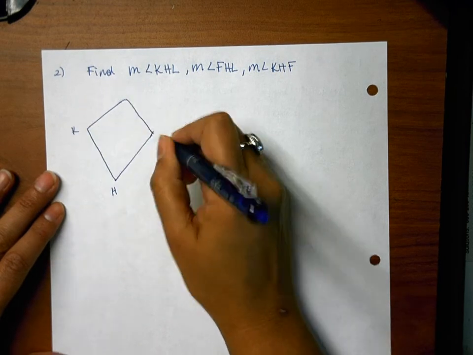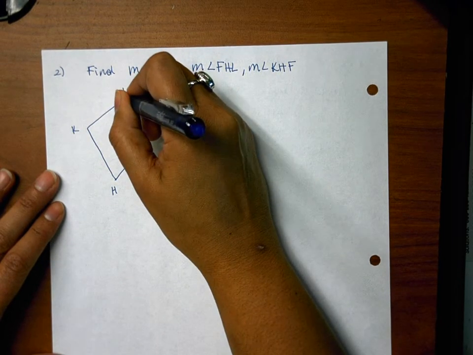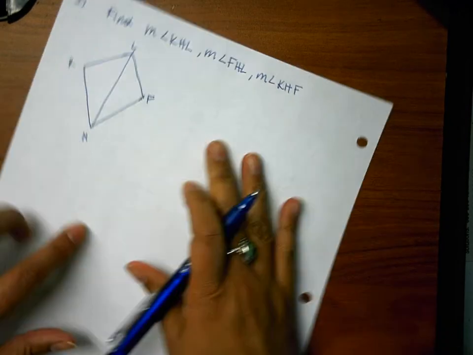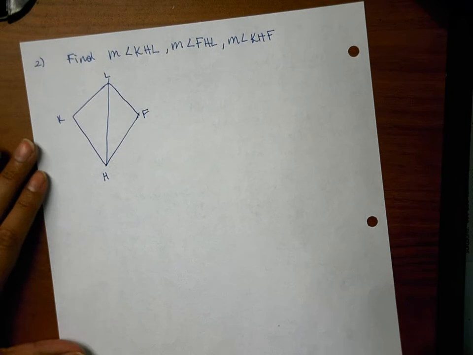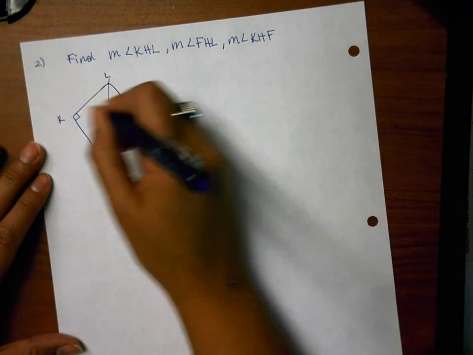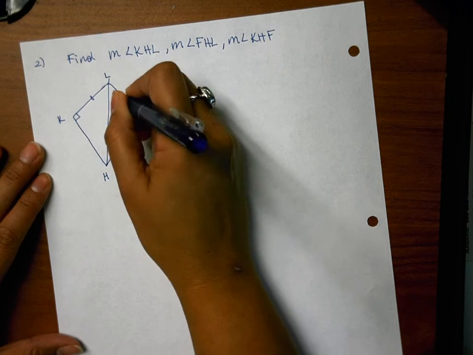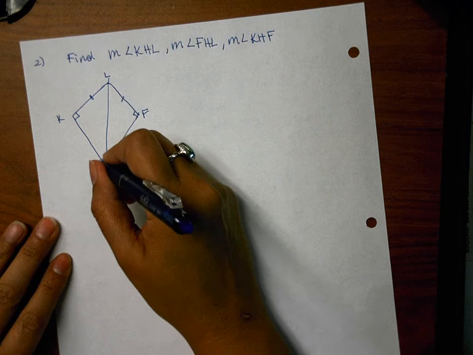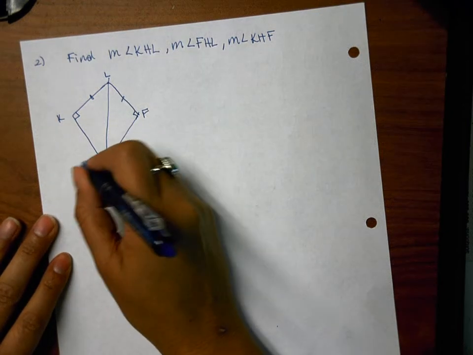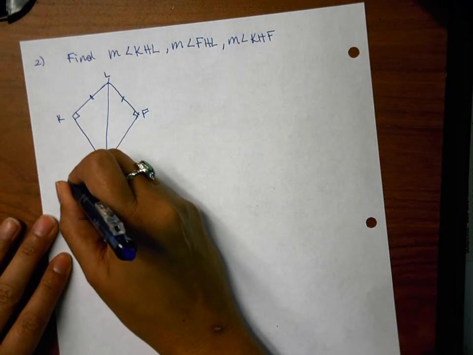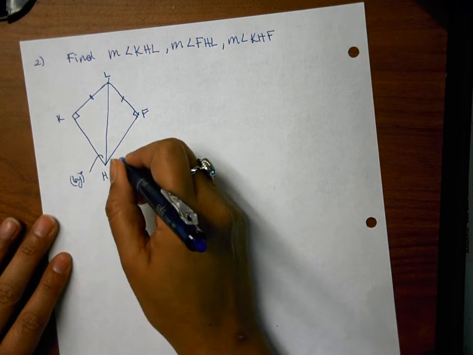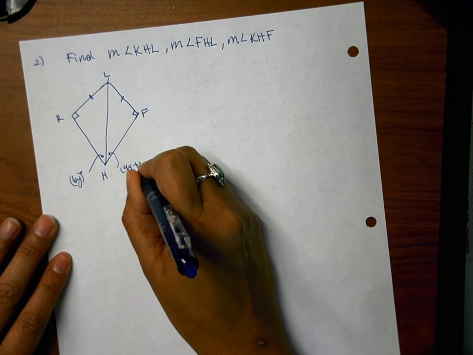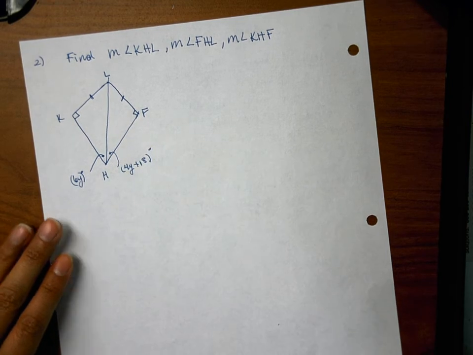This is K, this is F, this point there is L, and I'm going to connect HL. And again, there's certain markings I'm going to give you and certain markings I'm not. I'll give you that this is perpendicular, that is congruent, and that this little angle there is 6y degrees. And this little angle there is 4y plus 18 degrees.